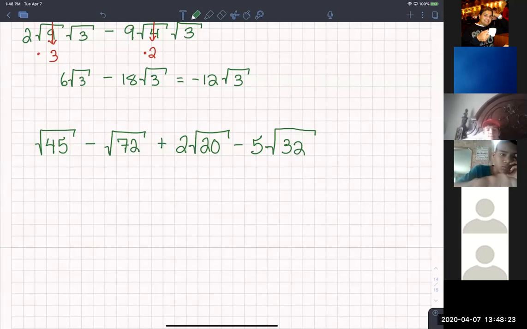You don't have to find a number that goes in all of them, but you have to simplify each one as much as possible.